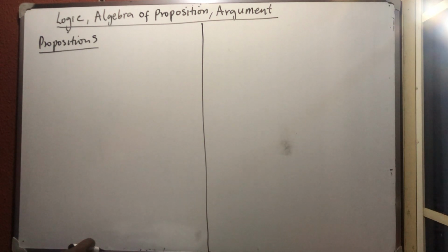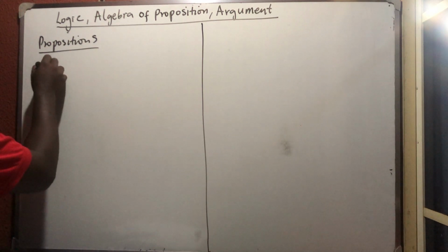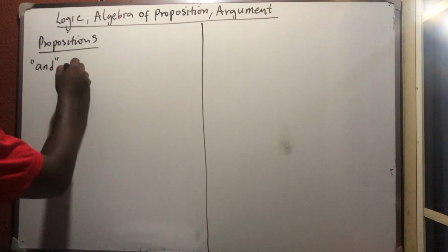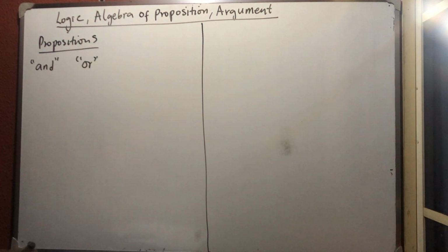Don't forget, a statement is a sentence that is either true or false. When two or more statements are connected with and, or connected with or, they are called a compound statement.